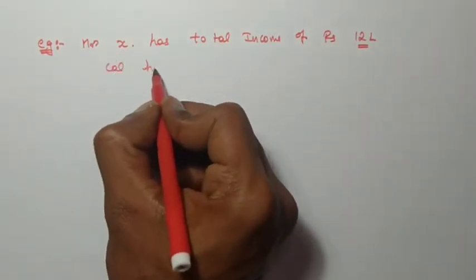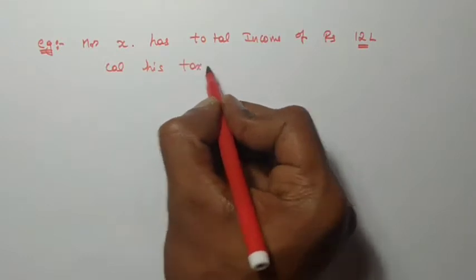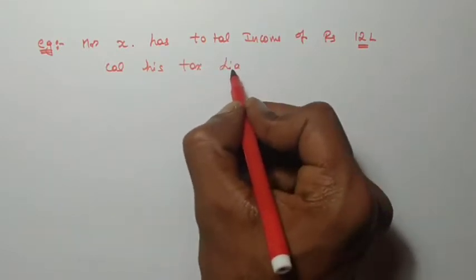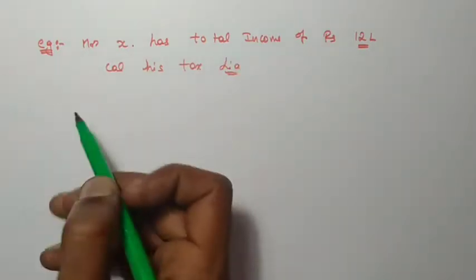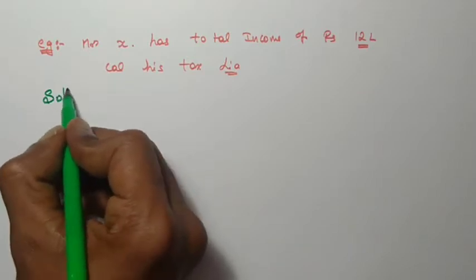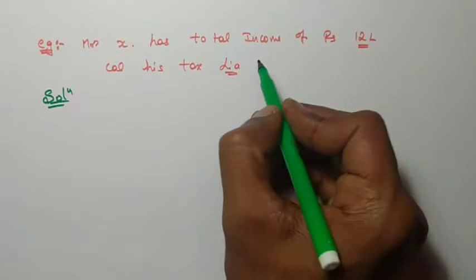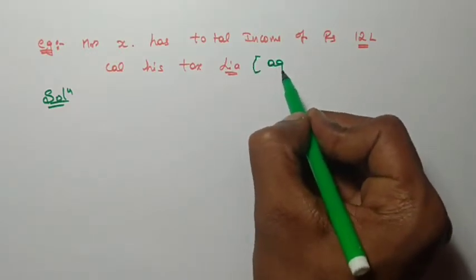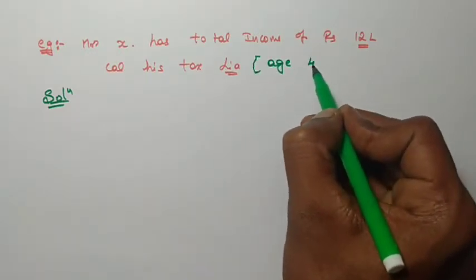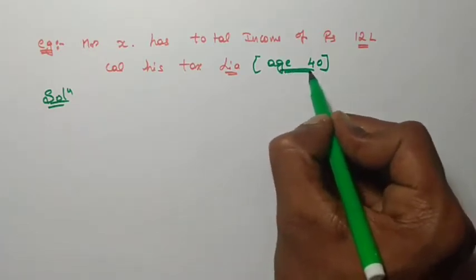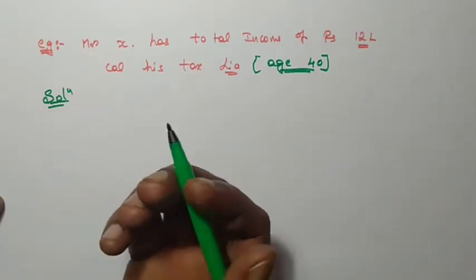Calculate his tax liability. So, solution. Here one piece of information is missing. Age is 40. So let us do the solution.